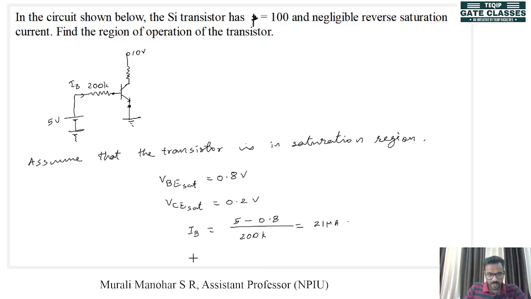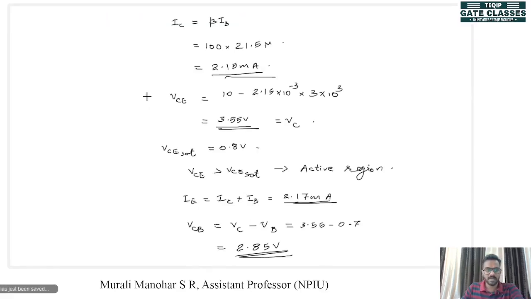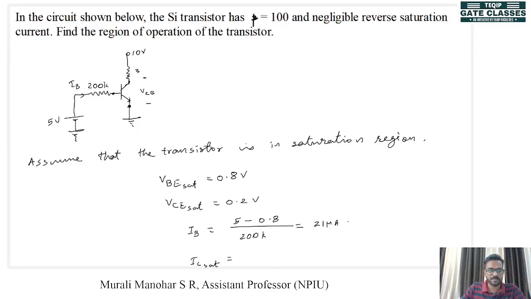Then we need to find the value of IC sat. IC sat is 10 minus VCE divided by the resistance, 3 kilo ohm. So 10 minus VCE, which is 0.2, divided by 3K, and this will be 3.26 milliampere.